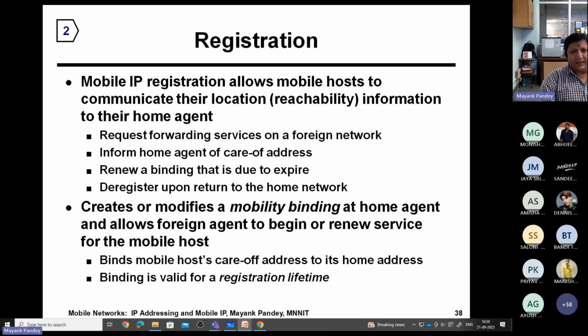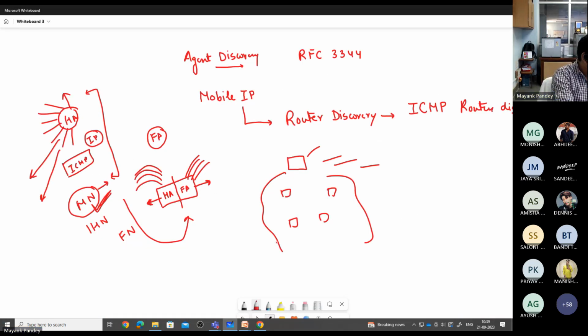Now the next process is registration. The next process in mobile IP is registration.